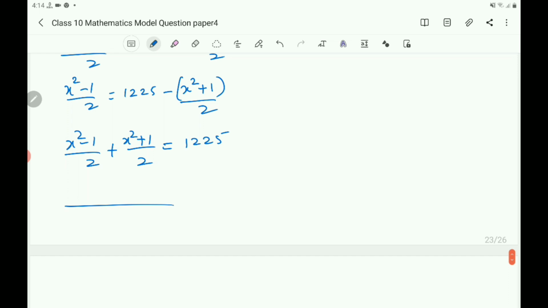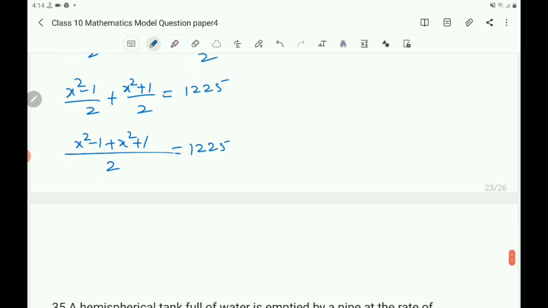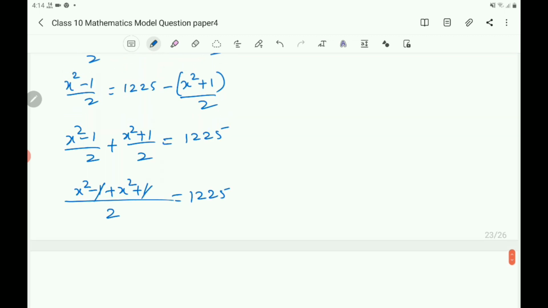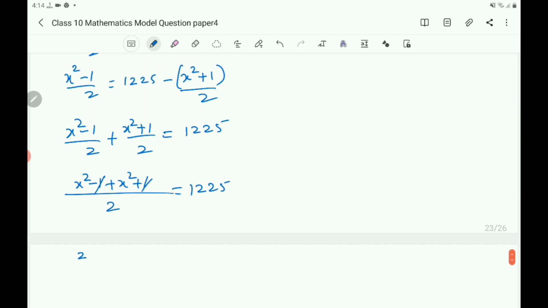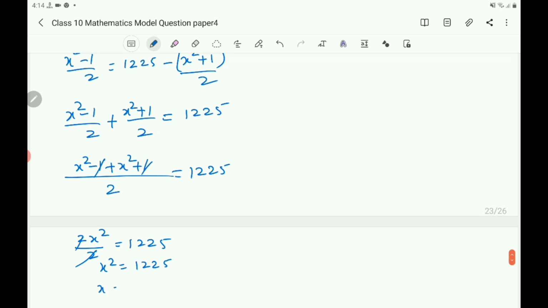Take the LCM 2, then it becomes x square minus x plus x square plus x equals 1225. Then minus x plus x cancels. So you got 2x square by 2 equals 1225. So 2 cancels, and x square equals 1225. Then x equals the square root of 1225.